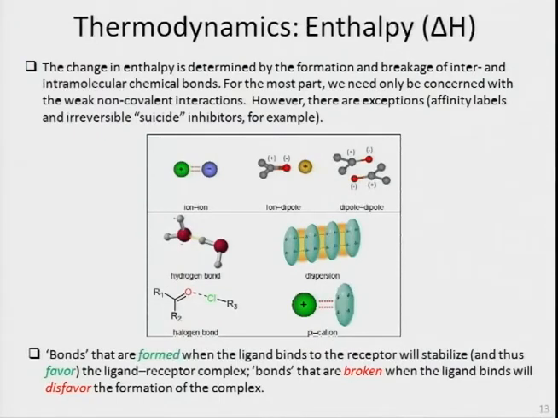So essentially, the bonds, quote, that are formed when the ligand binds to the receptor will stabilize and thus favor the ligand-receptor complex. And the bonds that are broken when the ligand binds will disfavor the formation of the complex.